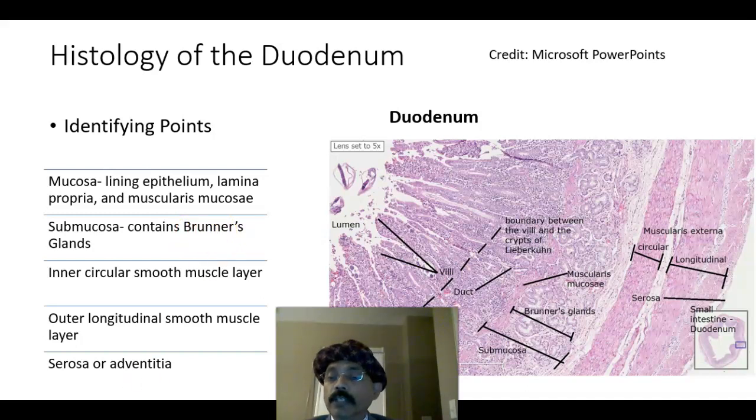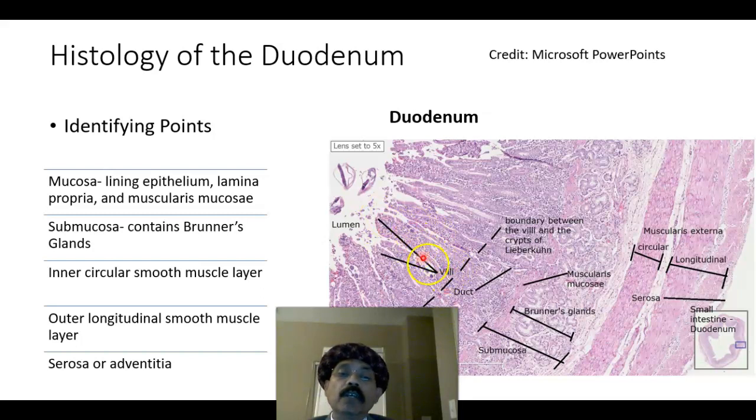So if you look here, we will find the layers of the duodenum. This is the lumen of the duodenum. This is the mucosa, and the mucosa has some modifications. We have villi here. We also have permanent mucosal folds, the plicae circulares or valves of Kerckring.